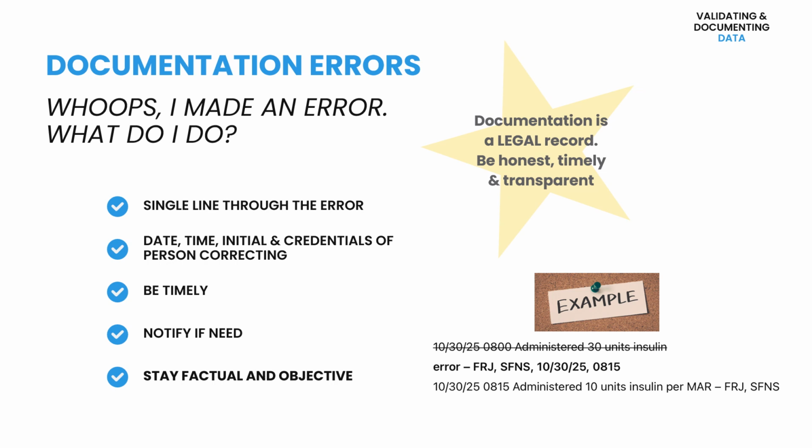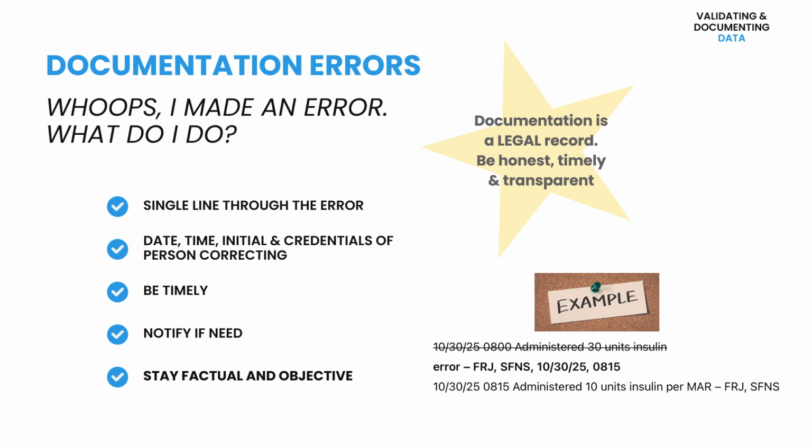We want to put a single line through the error. You do not want to scribble over it. We need to see what you actually wrote, and then a single line through it. And then you would put error and then your initials, your credentials, the date and the time that you corrected that error.